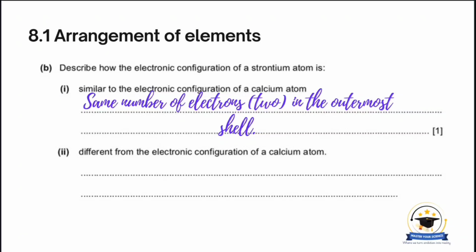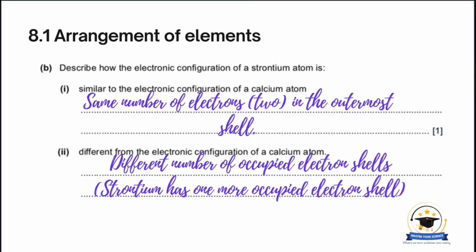Then, how it is different from the electronic configuration of the calcium atom. What would be different is that they'll have a different number of occupied electron shells because they are in different periods. Strontium has 1 more occupied electron shell.